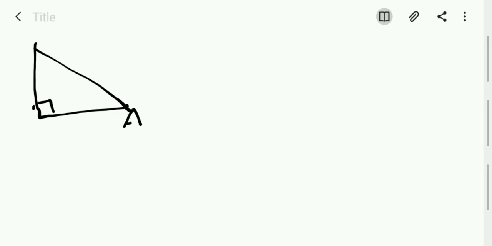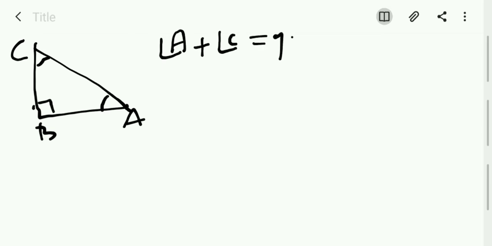Now suppose I consider a triangle, where this is 90, and I'm going to call the vertices A, B and C. There are totally three angles, so one is 90. Suppose angle A plus angle C is 90 degrees.